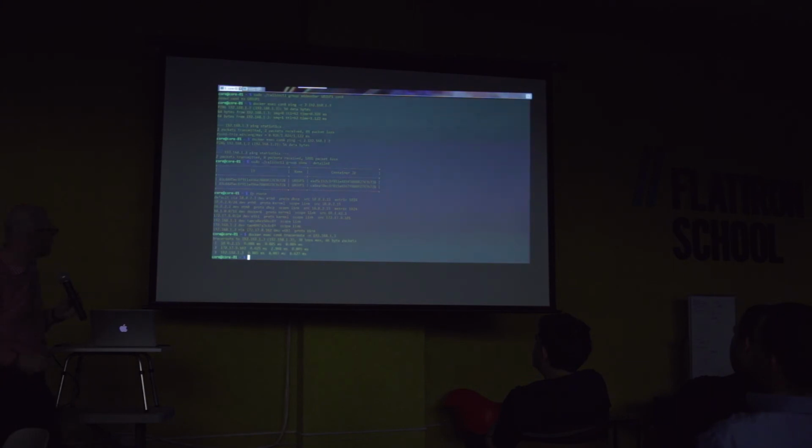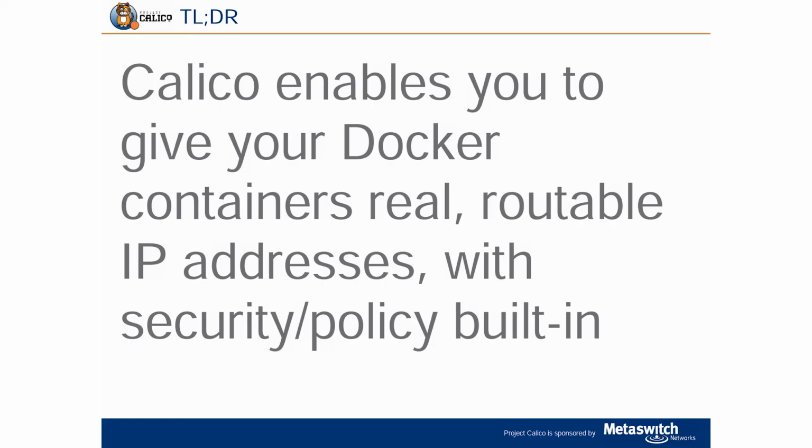So that's really what we've been trying to get to. All this complexity to set up is such that we can just ping, trace route, send packets from container A to container C because we've defined the policy that enables us to do that.